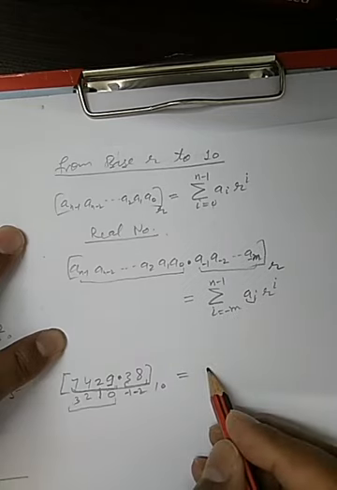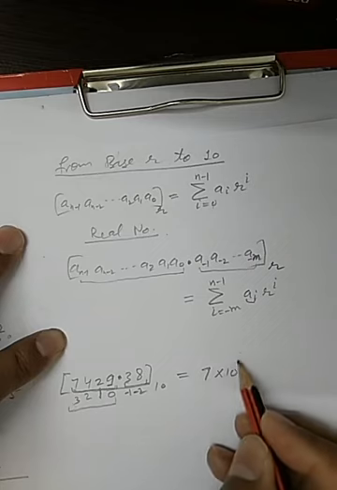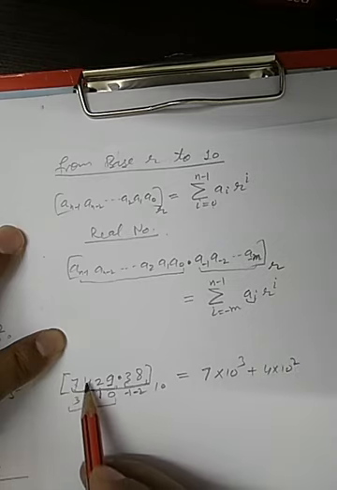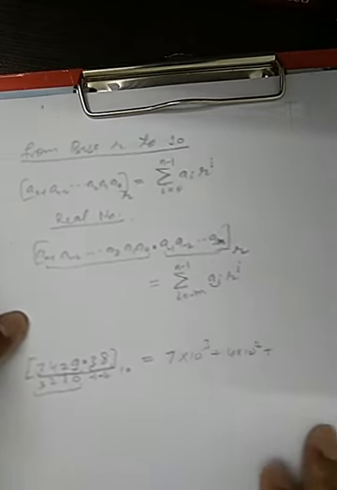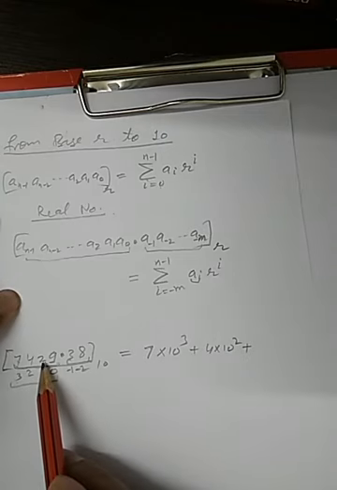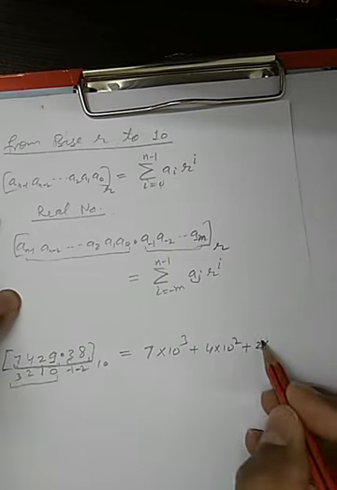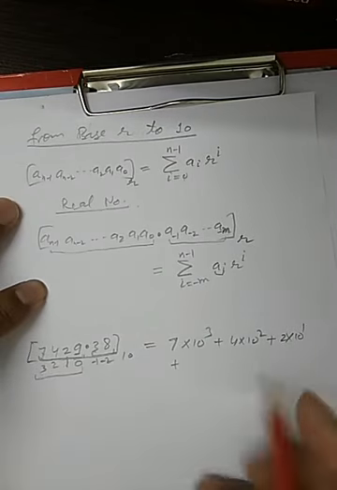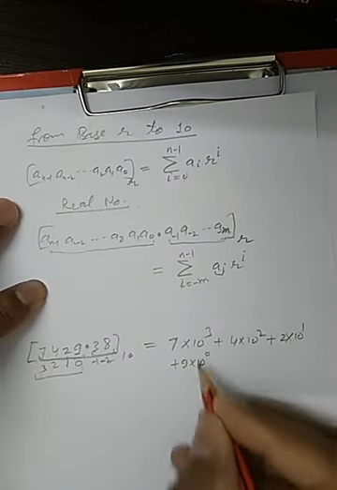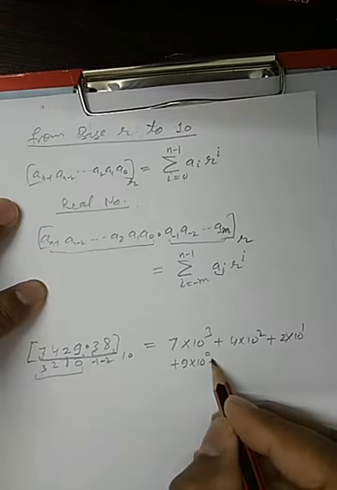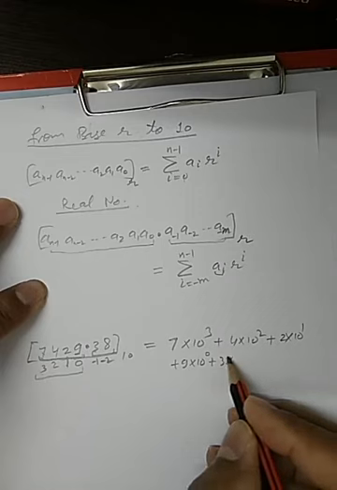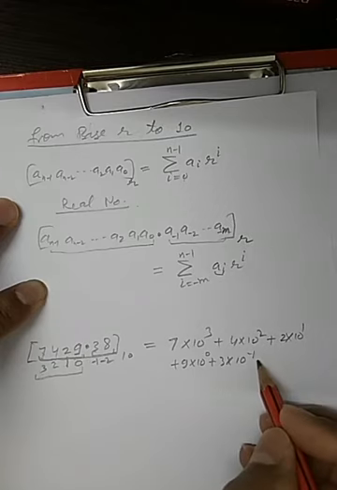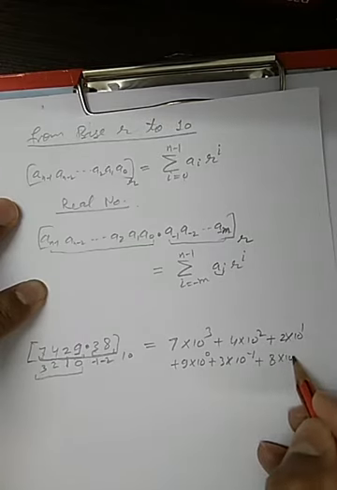First of all, this one means 7 into 10 to the power 3, plus 4 into 10 to the power 2, plus 2 into 10 to the power 1, plus 9 into 10 to the power 0, plus 3 into 10 to the power -1, the subscript is -1, plus 8 into 10 to the power -2.